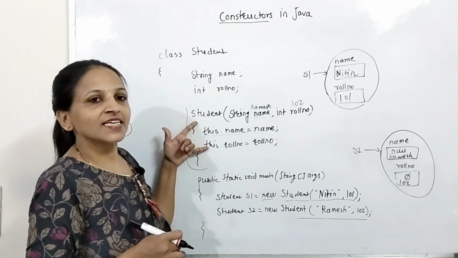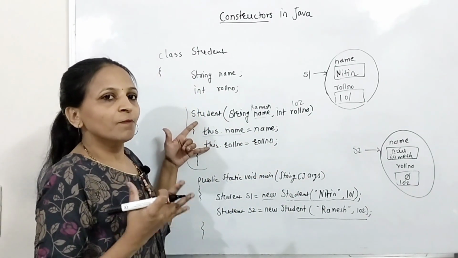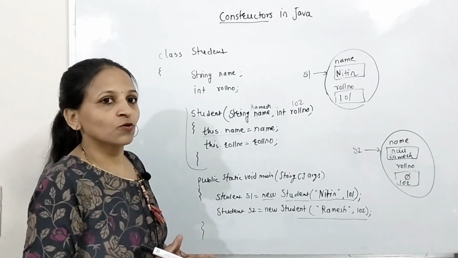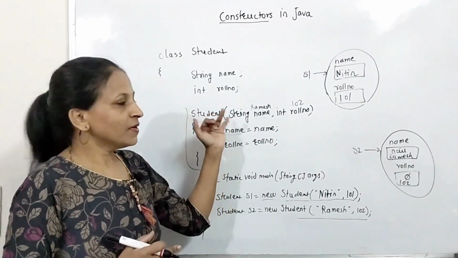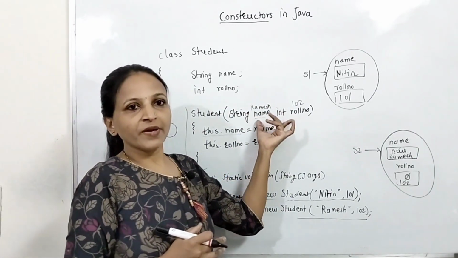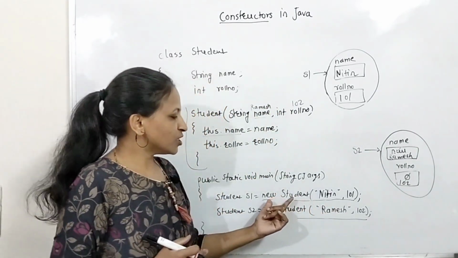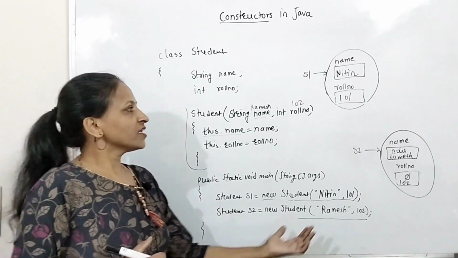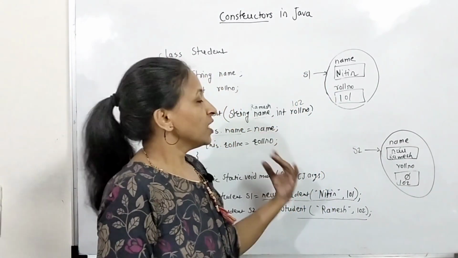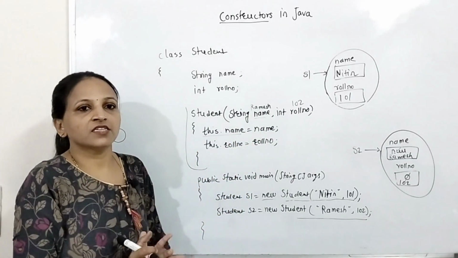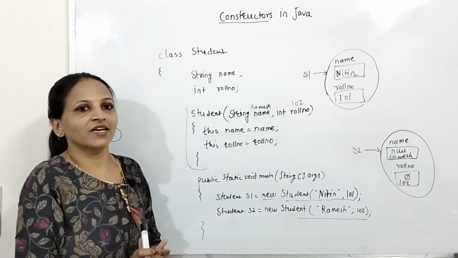You can say that it is a special part of a class. It is like a method which has the same name as the class name, and it can have arguments. Whenever any object is created, automatically the constructor will be called for that object. In the same way you have to write a constructor, always keep in mind.